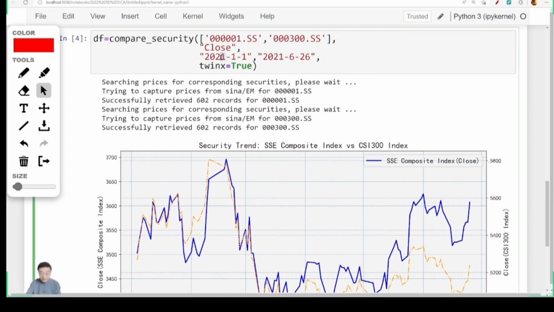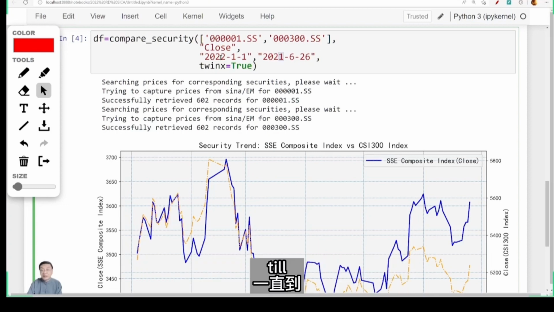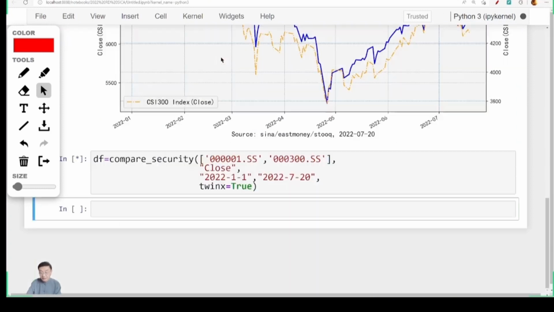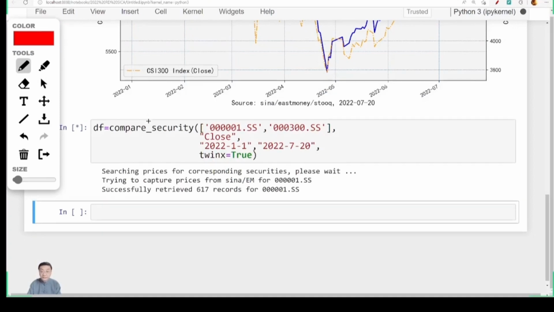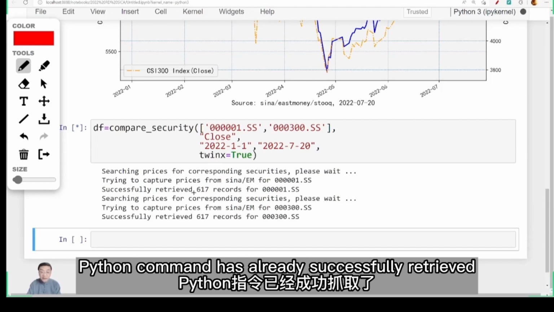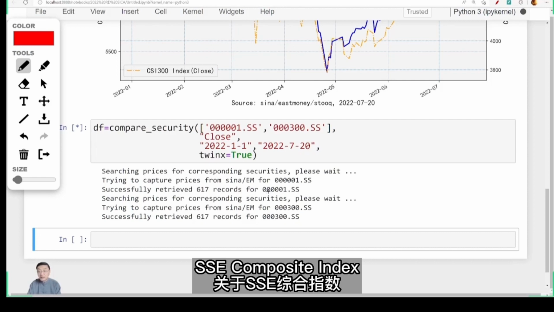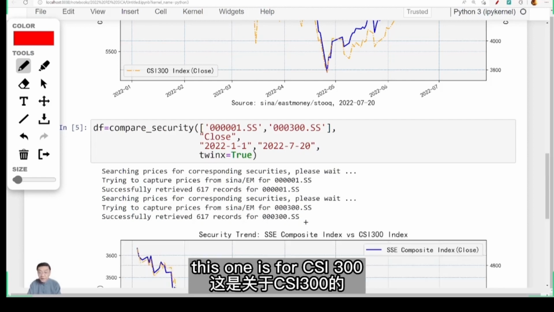Starting from January 1st this year till July 20, 2022, which means today. Let's look at this again. This message tells us the Python command has successfully retrieved 617 records for the SSE composite index. This one is for CSI 300.